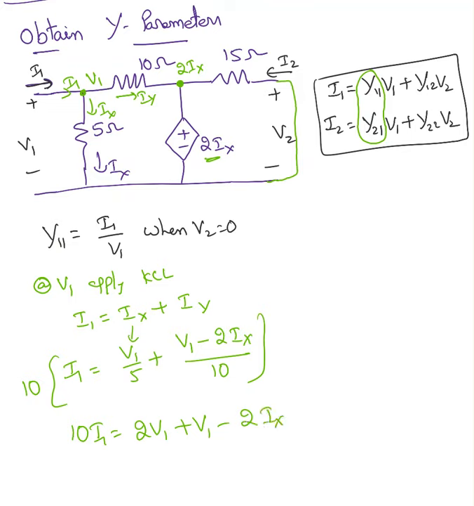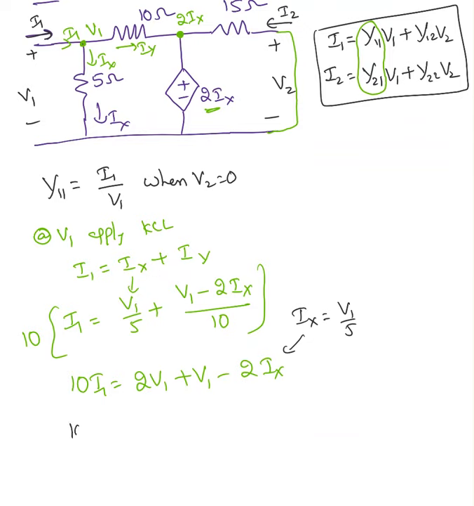So now I'm going to substitute Ix equal to V1 over 5 in this equation. So it's going to be 10 I1 equal to 2V1 plus V1, which is 3V1, minus 2V1 over 5.